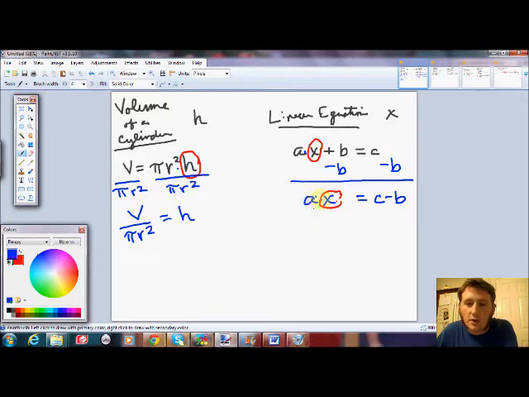So inverse operation to cancel this multiplication would be division. This division would cancel to 1. 1 times x would be x. And so in this case we would have x equals c minus b over a.